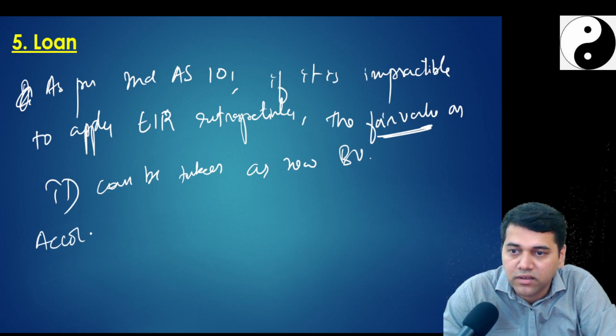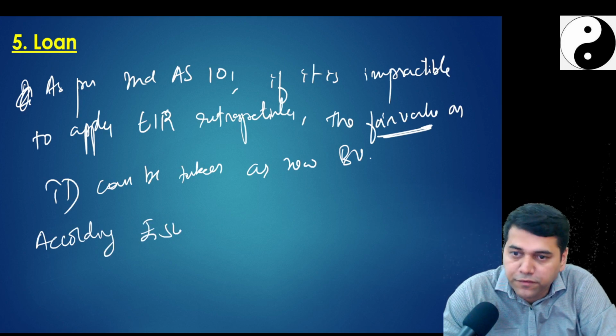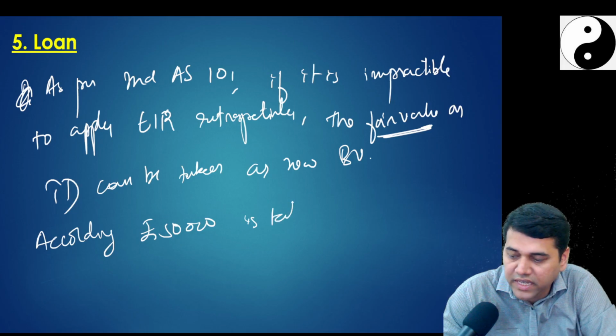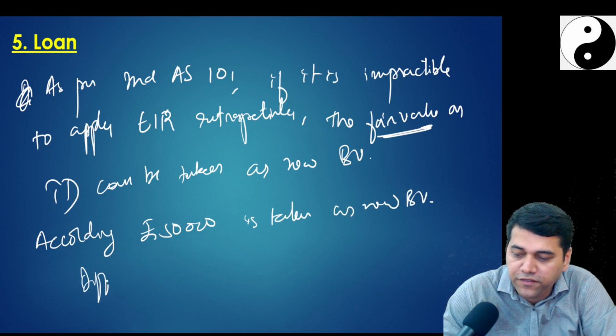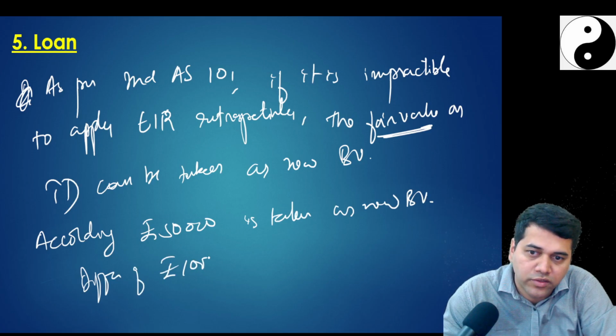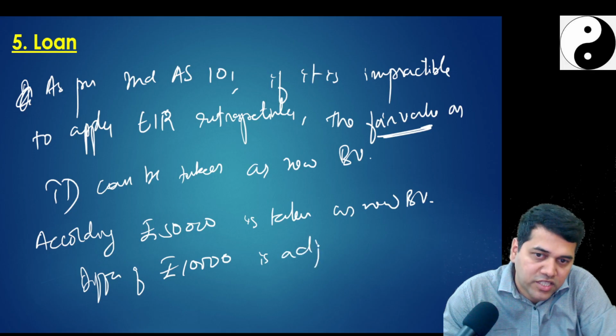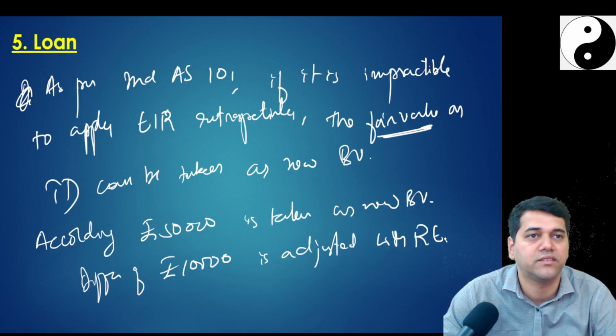Accordingly, rupees 50,000 is taken as new book value. Difference of rupees 10,000 is adjusted with retained earnings.